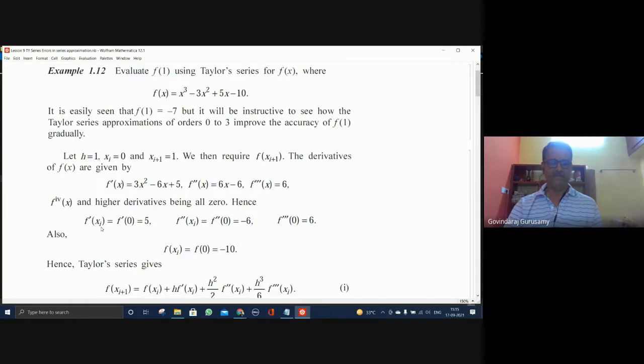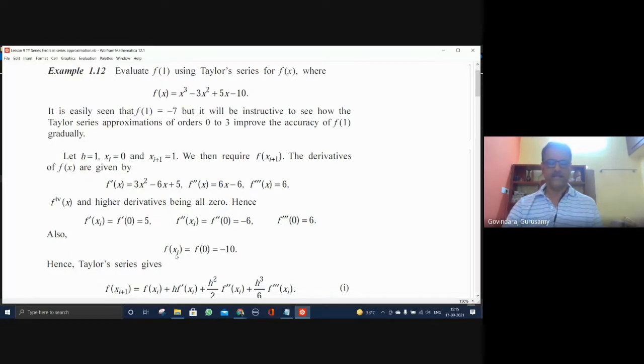F prime of x of i, which is equal to f prime of 0, is equal to 5. F double prime of x of i, which is equal to f double prime at 0, is equal to minus 6, which means take a derivative, substitute x equal to 0. Take a derivative, substitute x equal to x of i equal to 0. That's what your initial value is. And f triple prime equal to 6.